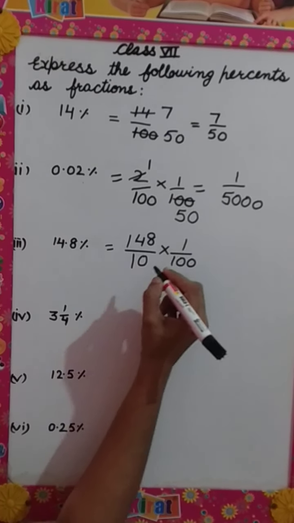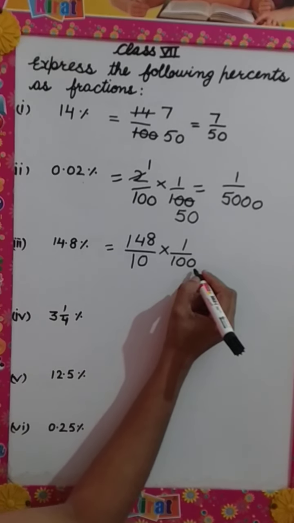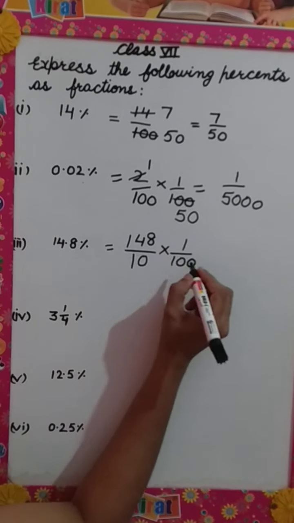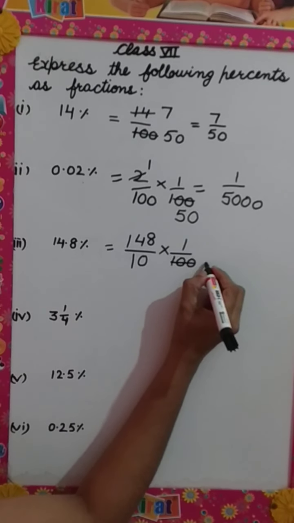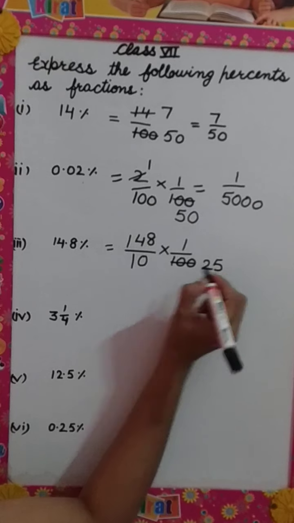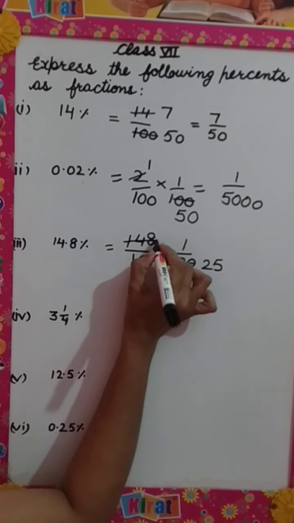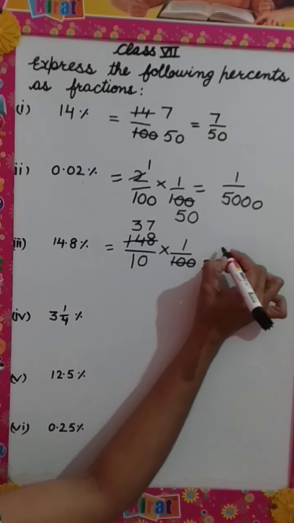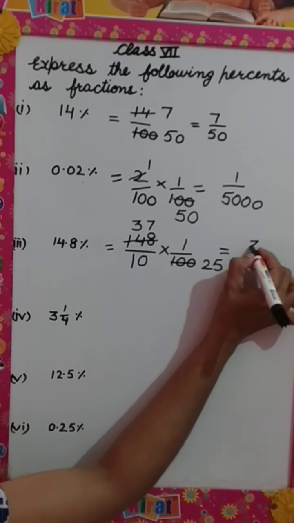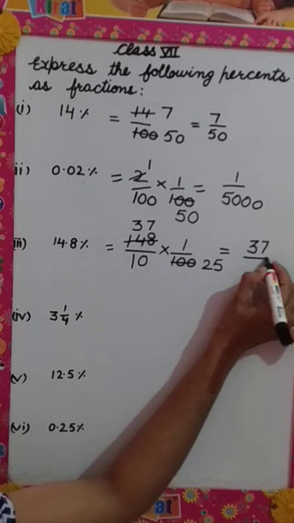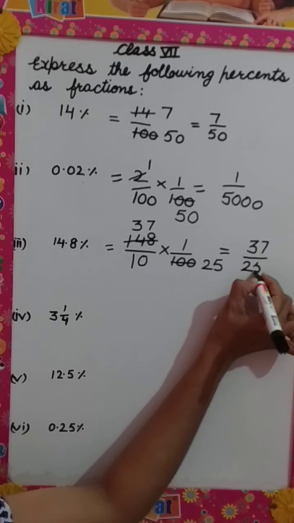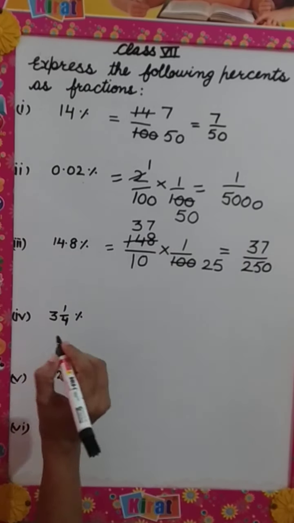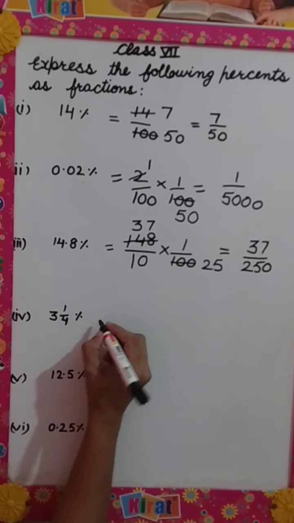Now we will convert it into lowest terms. 4 25s are 100. So this is equal to 37 over 250.